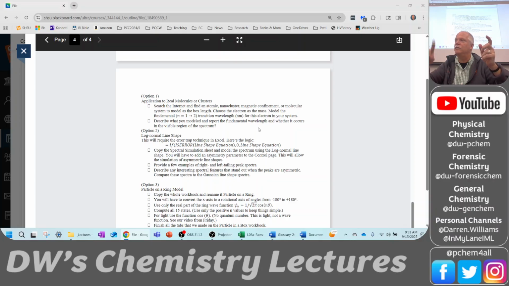So what would be the spectrum of an electron in that box? Instead of 7 angstroms, now you have one at who knows how many angstroms it is, maybe 30 angstroms. And you could measure what a particle in a box would be if it was on that conjugated chain. That's what I mean by application to real molecules.